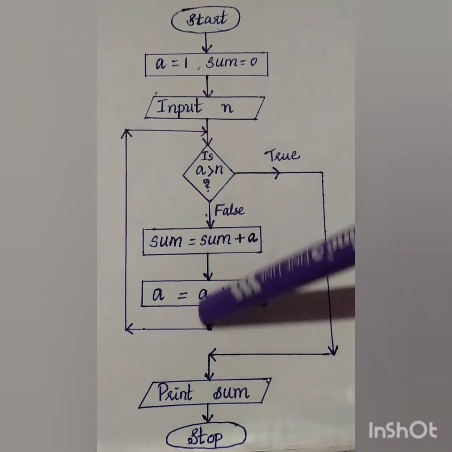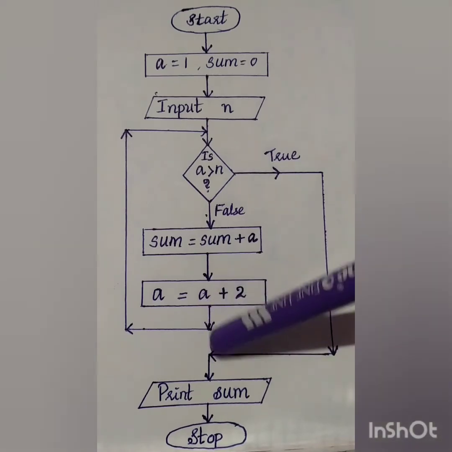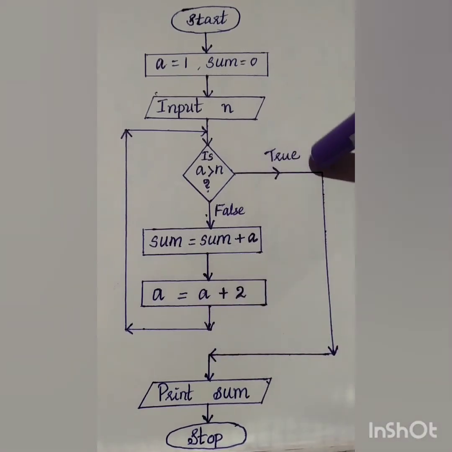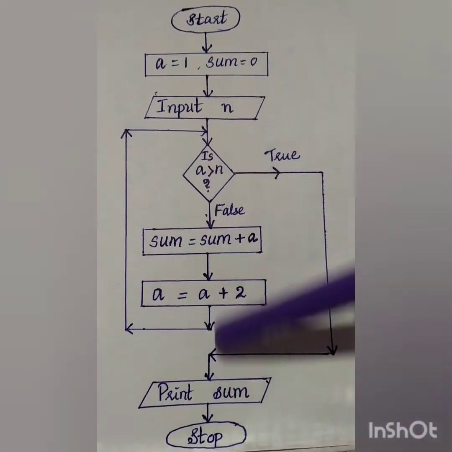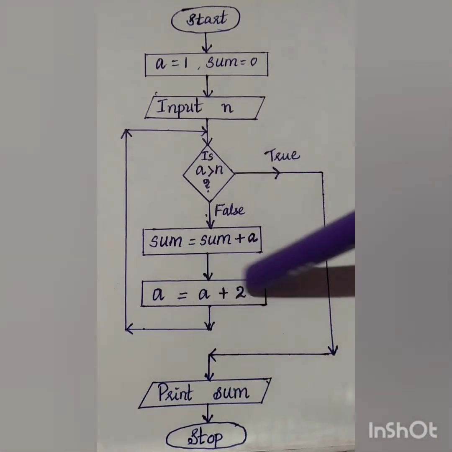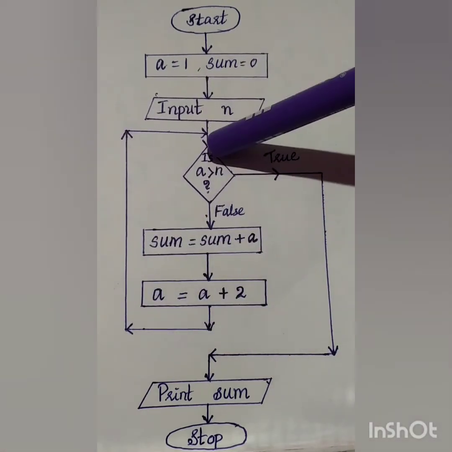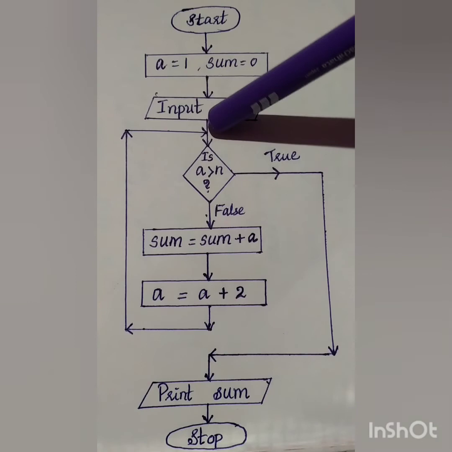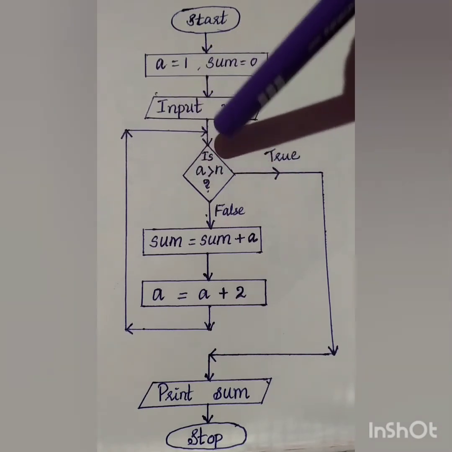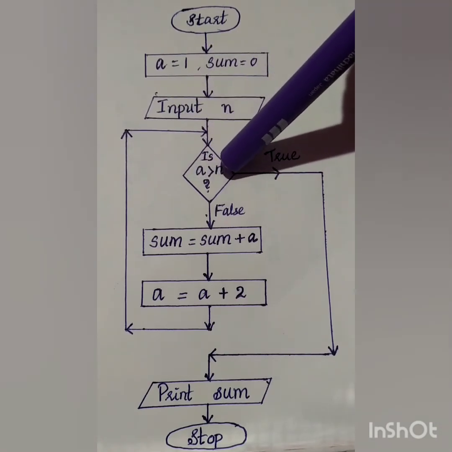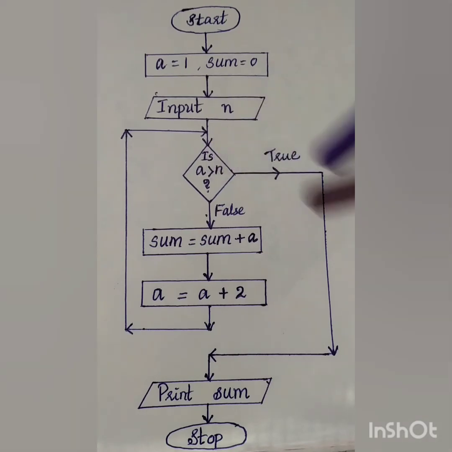And see, here is no connection between these two arrows. If the condition is true, it only goes to print sum. If a equal to a plus 2 is calculated, then it goes to the condition itself. Okay, the arrow should touch the previous arrow, that is before the decision symbol.